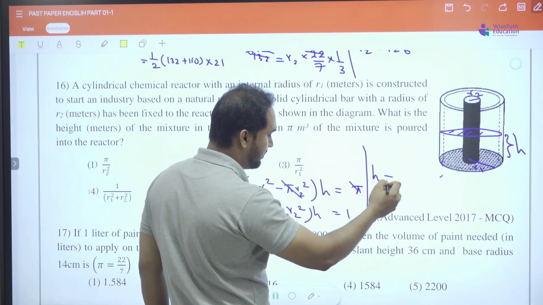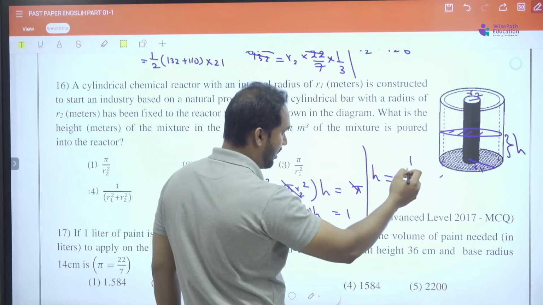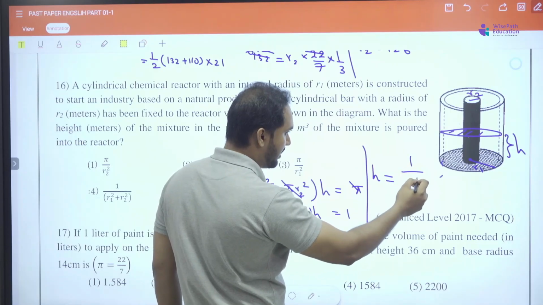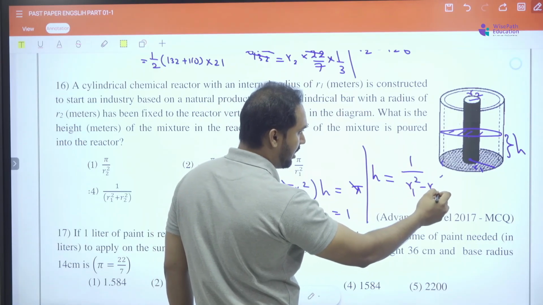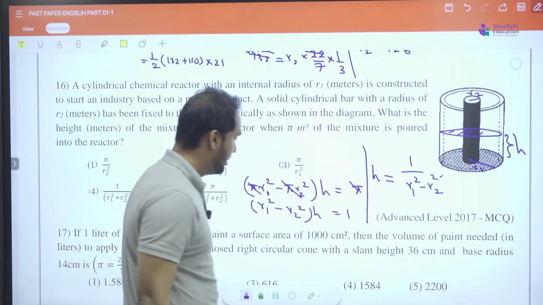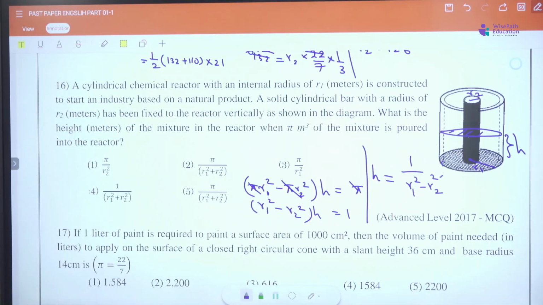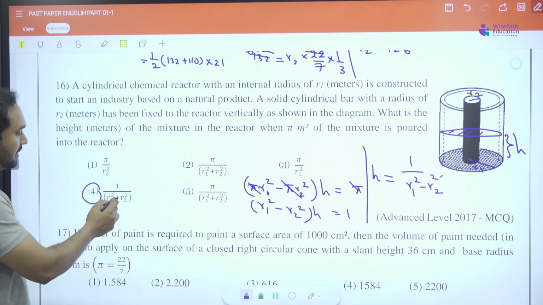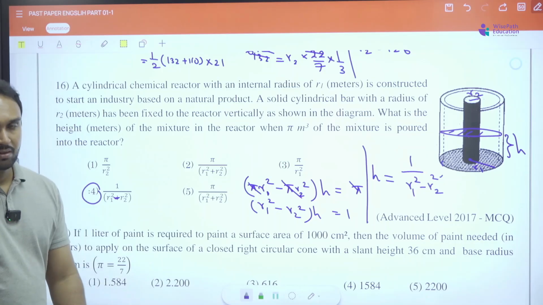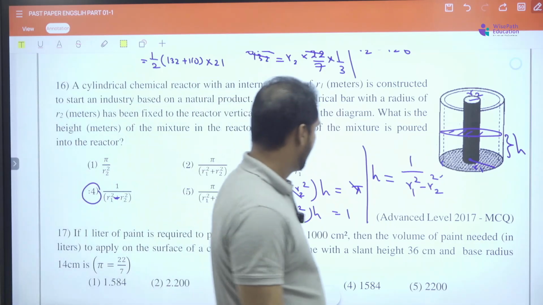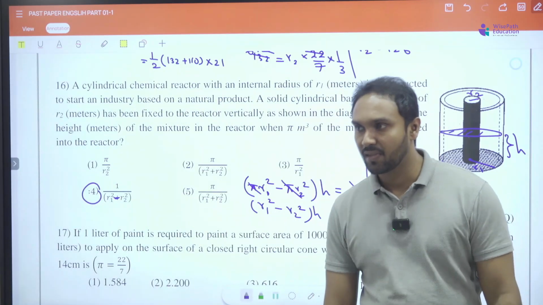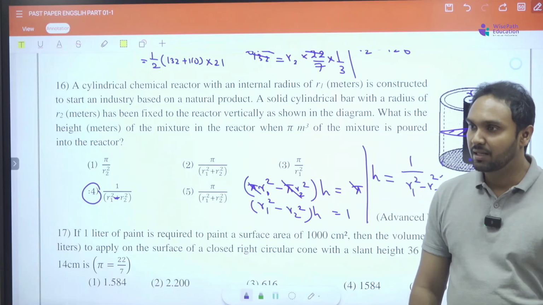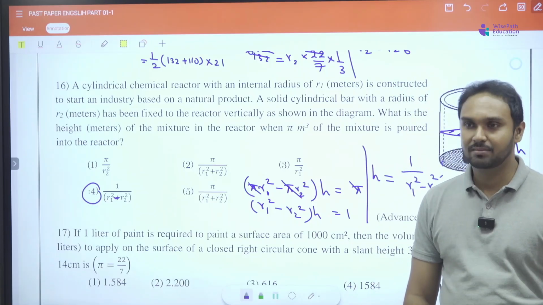Now h is equal to 1 over R1 square minus R2 square, isn't it? Which answer is it? It's almost the fourth one, but with a plus; make it a minus. It should be minus. Did you understand that now? See how the theories I taught come to the questions?